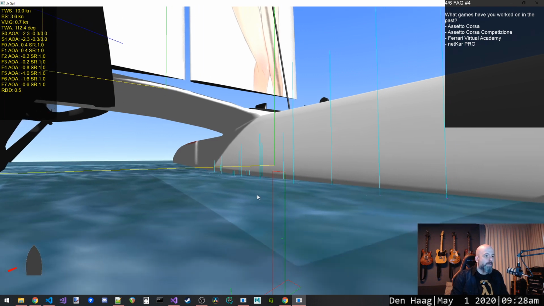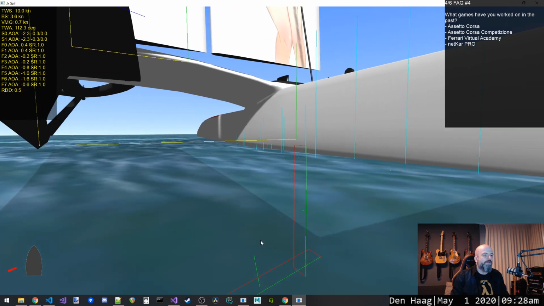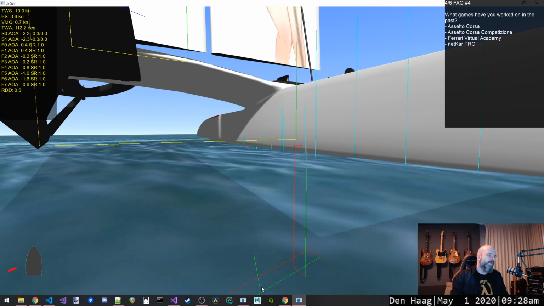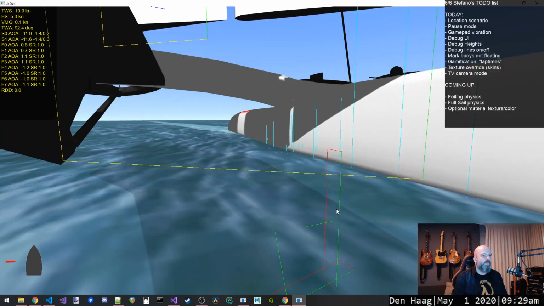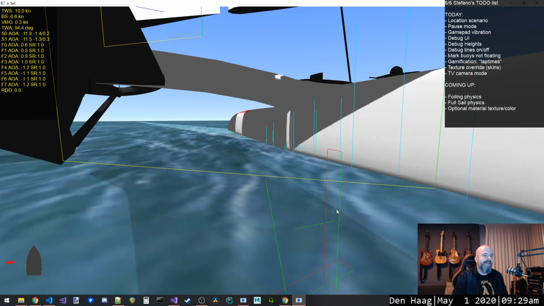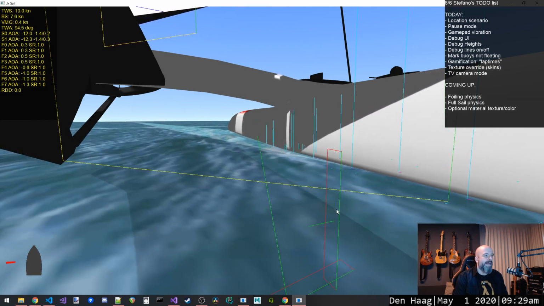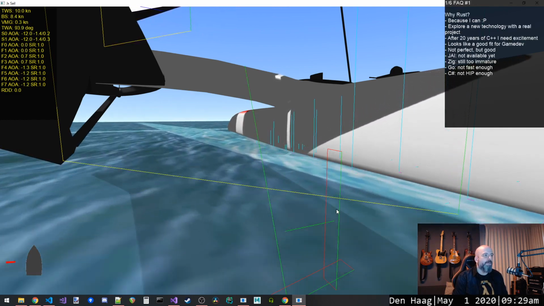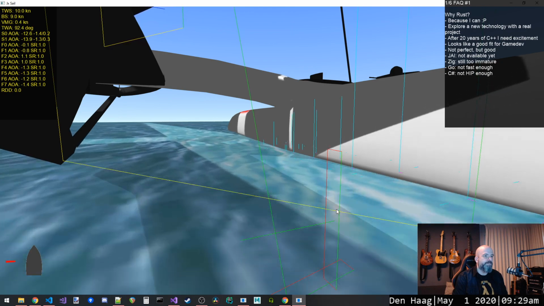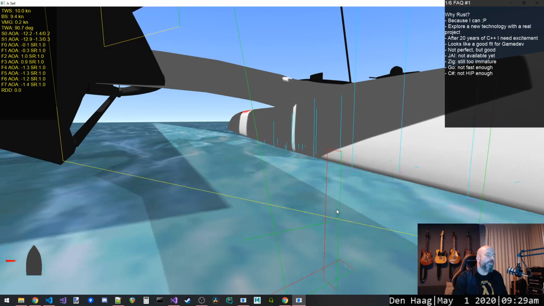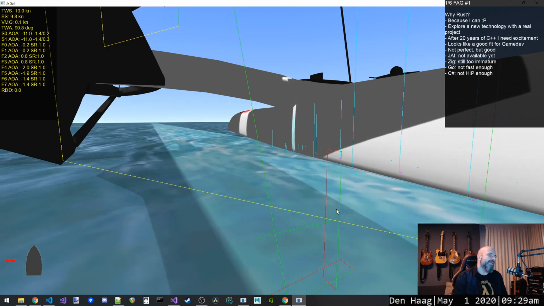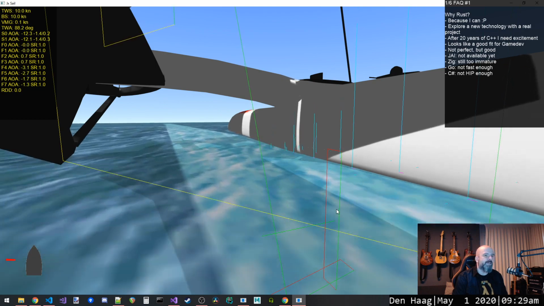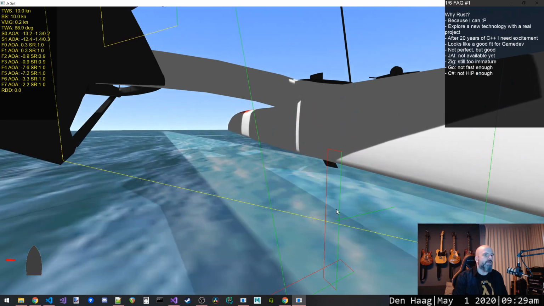What they are still not doing is changing the application point. So as the foil is raising up, although the area is changing, the application point will stay there, while in reality you would expect the application point to go down.